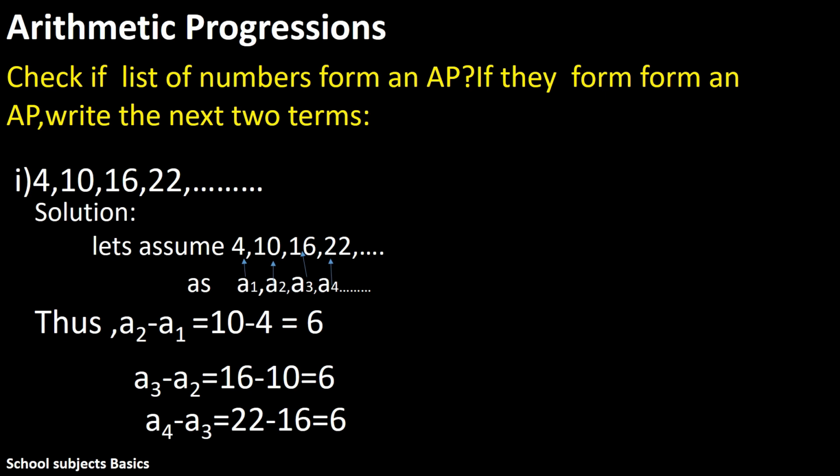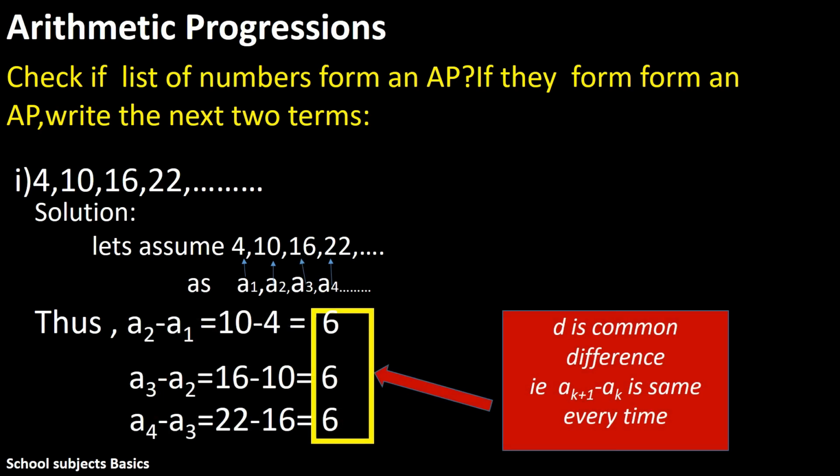So we have checked the common difference, that is d, for all three pairs of terms, and it is 6. It is a fixed number. Once again we recall that if it is the same, it forms an AP. Since d is the common difference, that is A(k+1) minus A(k) is the same every time, we can directly say that this list of numbers forms an arithmetic progression.